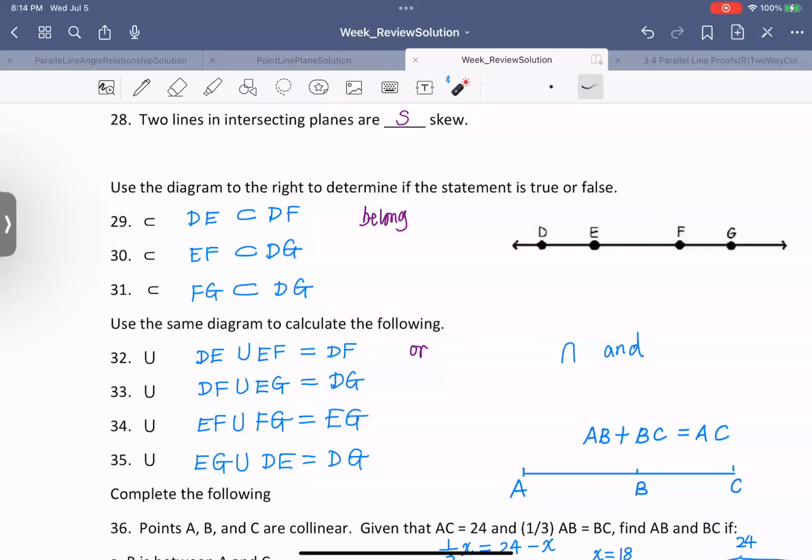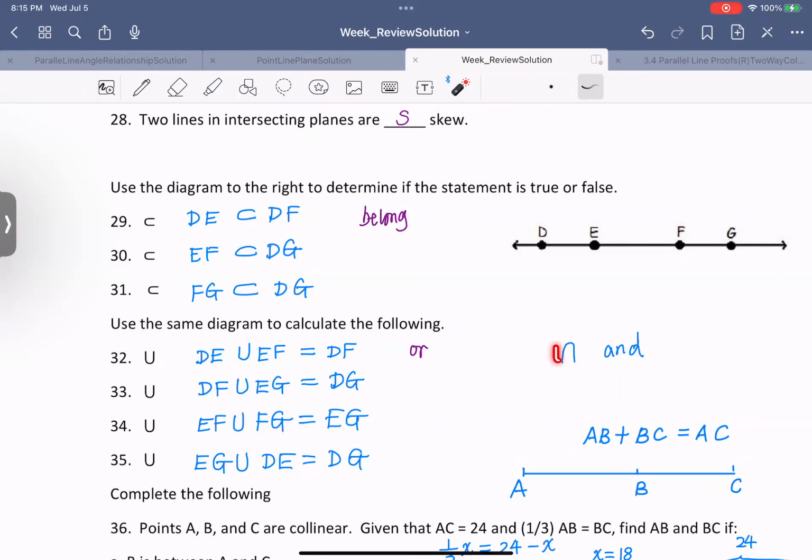If you say DF or EG, this is not doing plus or minus. It's just doing the logic operation. So the DF part or the EG part corresponds to the DG part. So this is DG. This is called union.